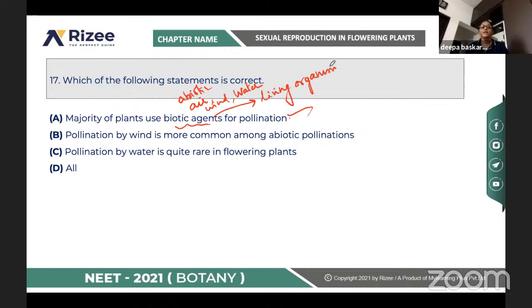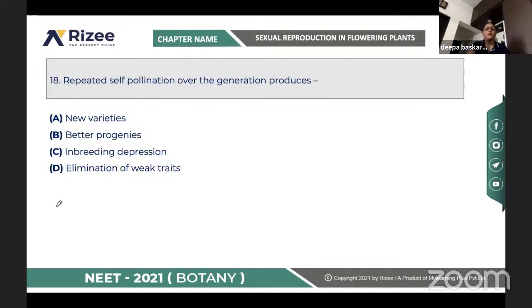So living organisms are biotic agents, and abiotic agents are non-living pollinating agents. Pollination by wind is more common among abiotic pollinations. Yes, definitely. Pollination by water is quite rare in flowering plants. Yes, only in aquatic plants will the pollinating agent be water. Okay, so all are correct statements.